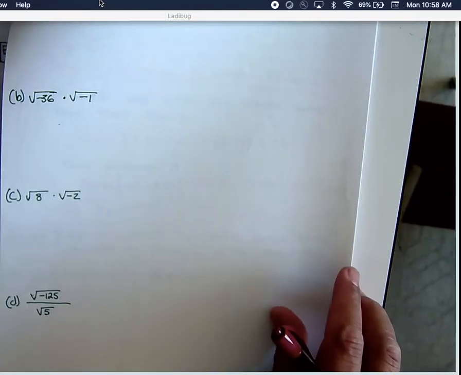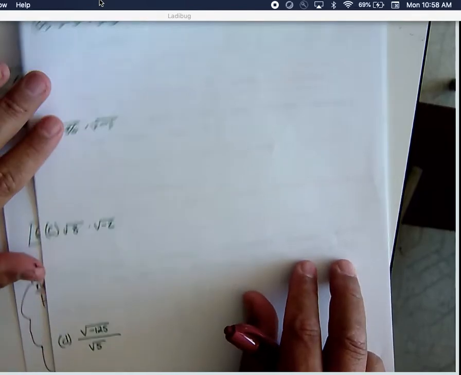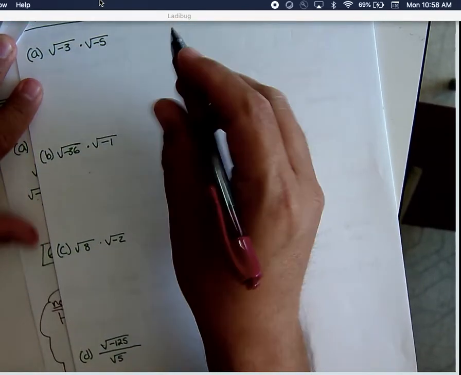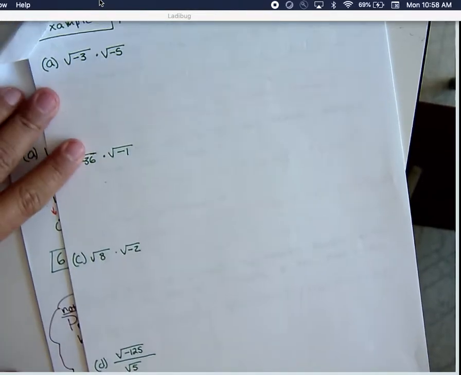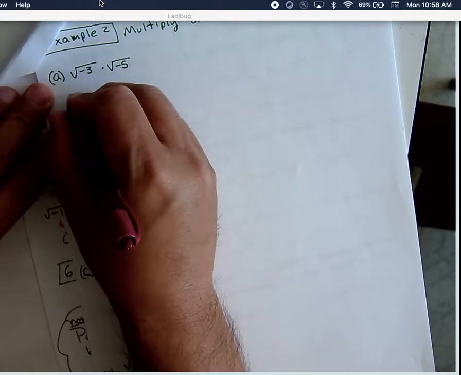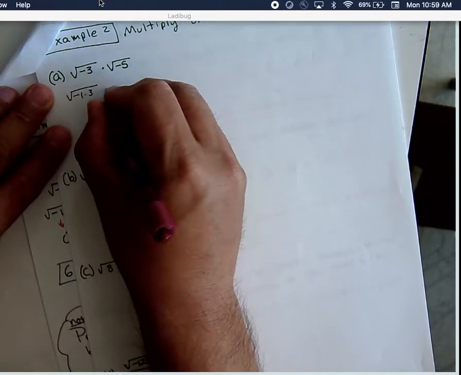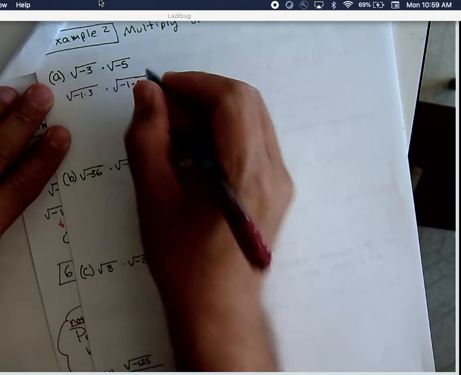So let's do example 2. It's more of the same, except now you have two radicals. So you would do the negative 1 times 3, the negative 1 times 5, and I'm going to show the extra steps.